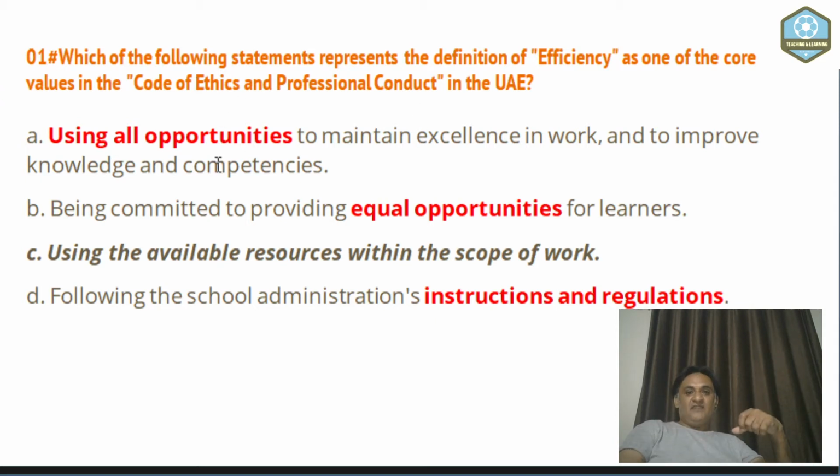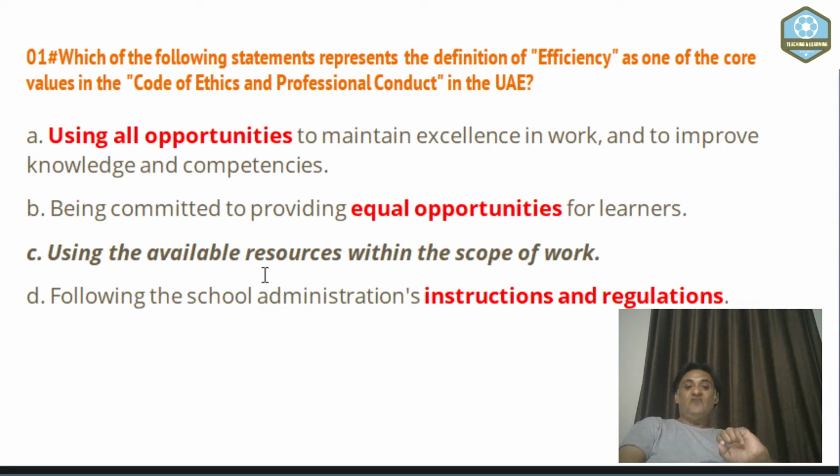So this one is something relevant: using all opportunities to maintain excellence in work. This makes sense. It's talking about the work that you can prove is either efficient or not. However, being committed to providing equal opportunity is completely irrelevant.